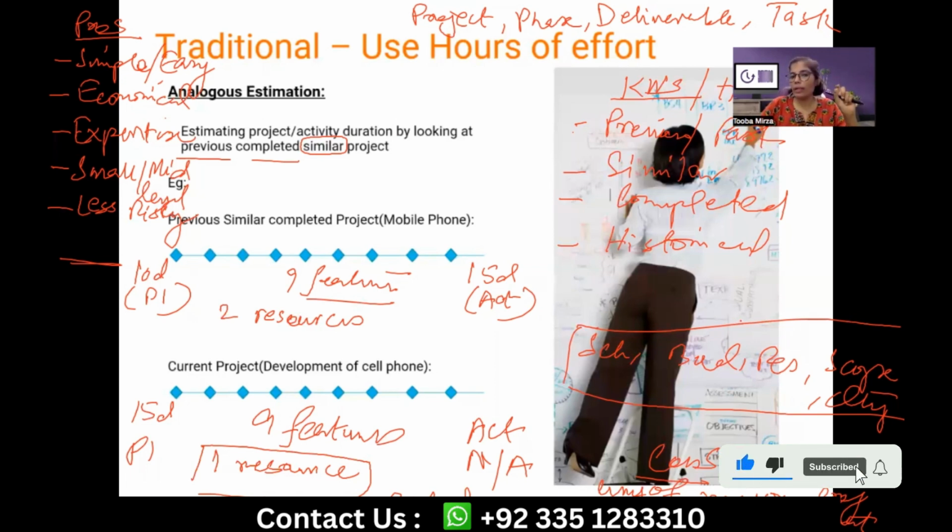So on this ground, analogous is not going to work. In other words, if scope, requirements, schedule, timelines, budget, resources all look very much similar, then you can use the analogous estimation in its true sense, okay? Which is just following the plan and just mapping it forward.